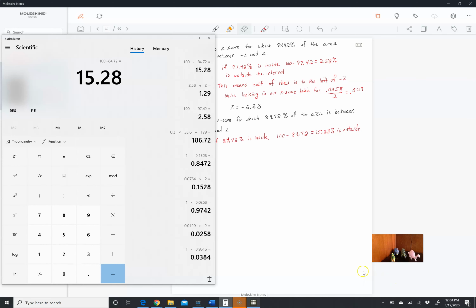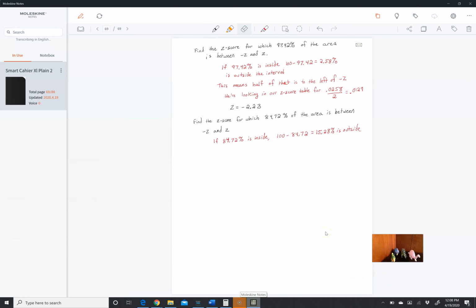Okay, what do we do? We take half of that. Half of that area is to the left of negative z.